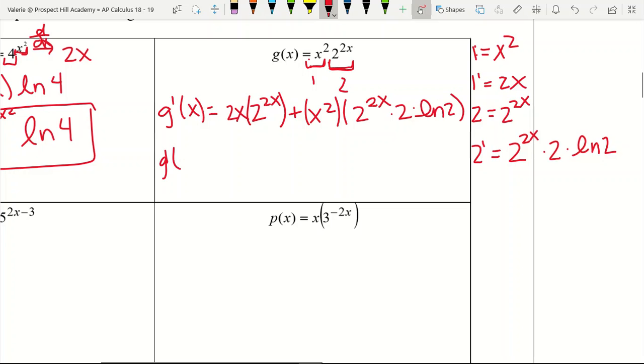When we simplify, we get g prime of x is equal to 2x times 2 to the 2x plus 2x squared times 2 to the 2x times ln 2.